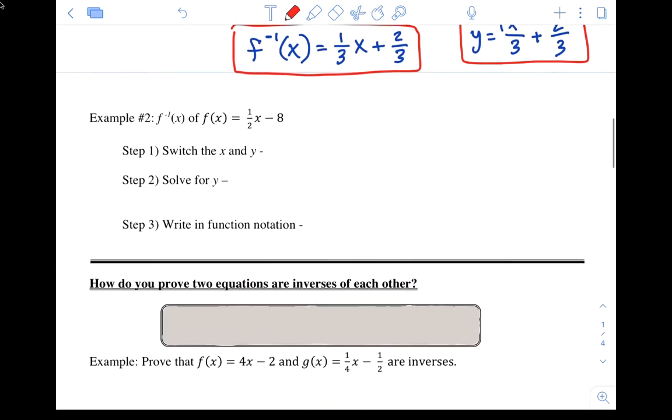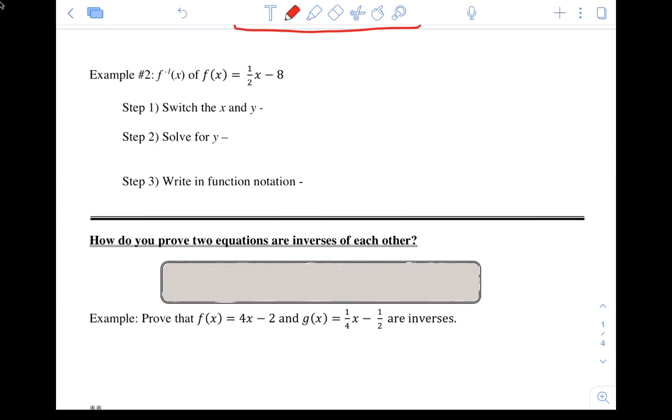Okay, let's try another one. Example 2. Now, this is telling me to find the inverse. I probably should have the word find written above it. So find the inverse. I know it's telling me to use the f of x function because of this f right here.